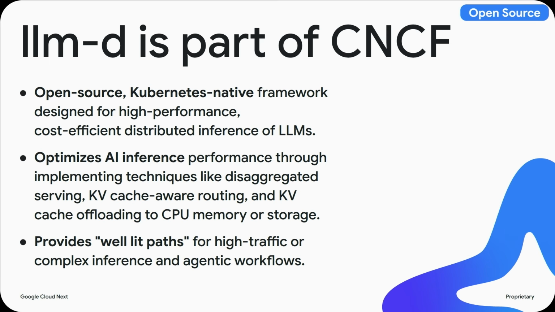It just has a bunch of optimizations baked in, stuff like KV cache offloading, KV cache aware routing, tiered KV caching, sharing of KV cache across distributed hosts, a bunch of really good things that you probably should be doing, but you don't want to reinvent the wheel and spend your time doing heavy lifting. LLMD helps you avoid the heavy lifting of all that and just get it out of the box.